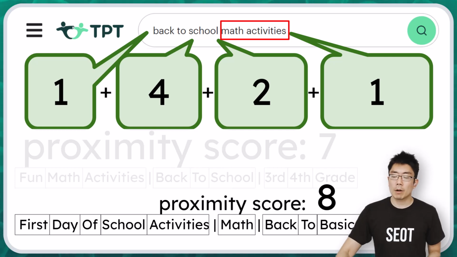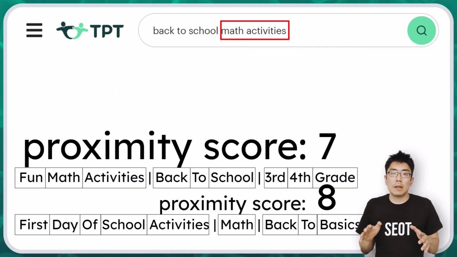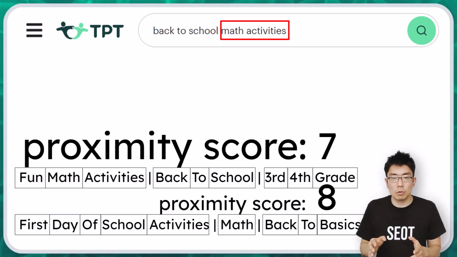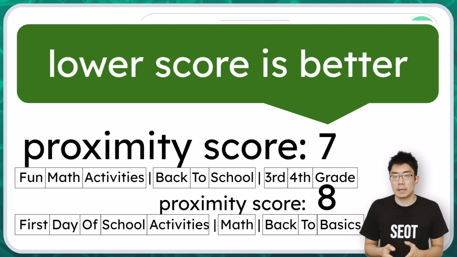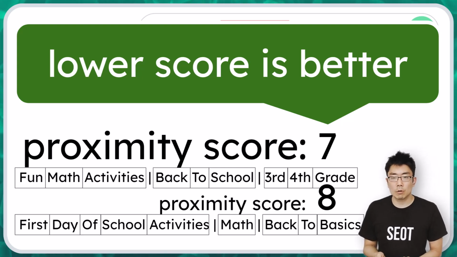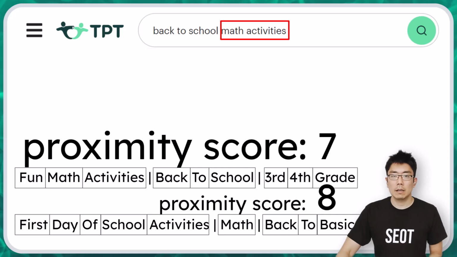This gives us a proximity score of 8. Titles get sorted by proximity score, and a lower score is better because it means your words are closer together. So "Fun Math Activities, Back to School, 3rd, 4th Grade," with a proximity score of 7, would rank higher for the teacher searching for back to school math activities.